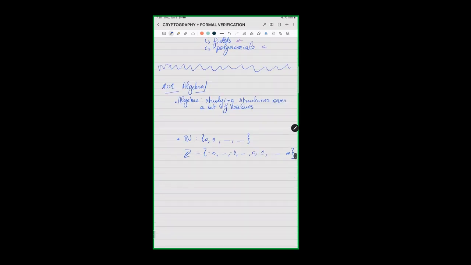And we've got other sets like the rationals. The rationals are all the fractions, so all the values that you can write p over q, such that p and q are integers, and q should be different than 0.